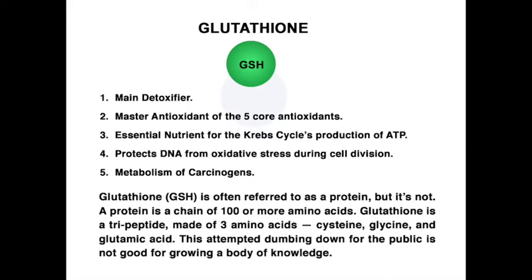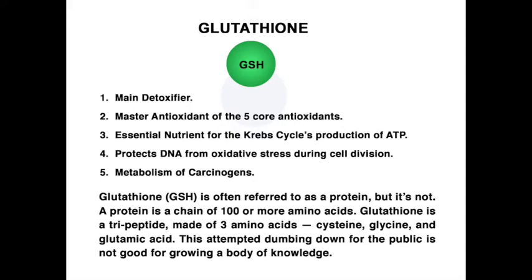Glutathione is a tripeptide made of 3 amino acids: cysteine, glycine, and glutamic acid. Glutathione has at least 5 major functions. First, it's our main detoxifier. Second, it's the master antioxidant of the 5 core antioxidants. Third, glutathione is an essential nutrient cofactor for the Krebs cycle production of ATP.